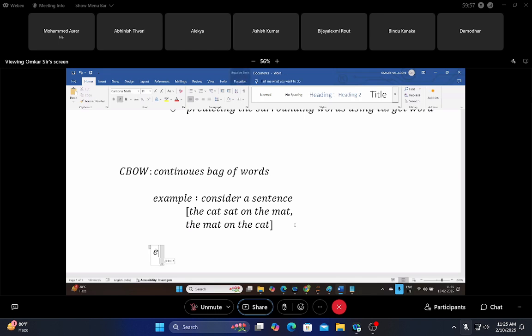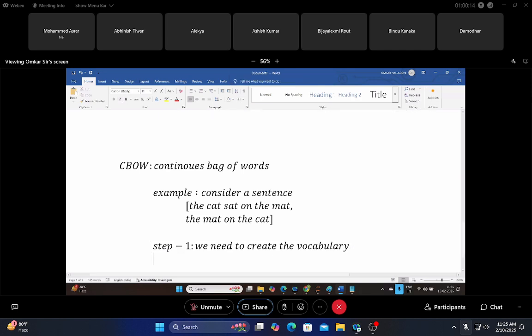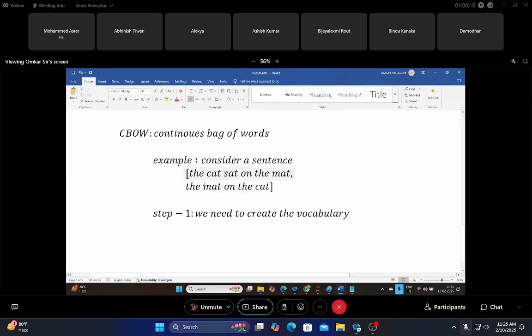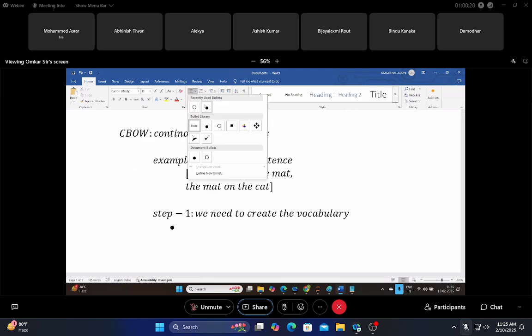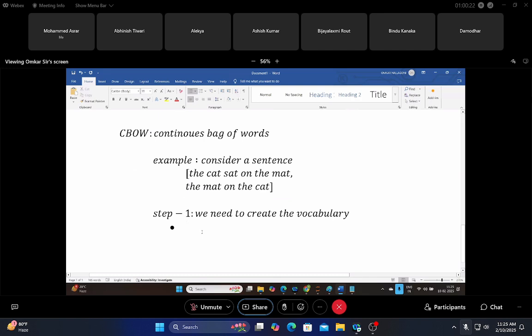Step number 1, we need to create the vocabulary. Google has already created a vocabulary.